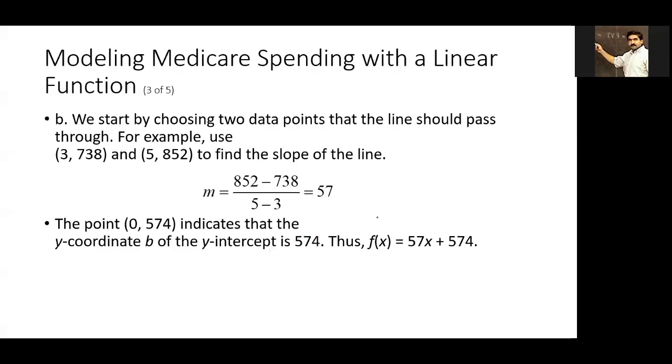So as you can see, this would be my b. Look, y is equal to mx plus b, and my slope is 57. So f of x can be written as 57x, like mx, plus the y-intercept, which is when x equal to 0, y is equal to 574.